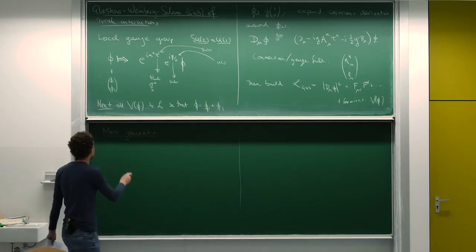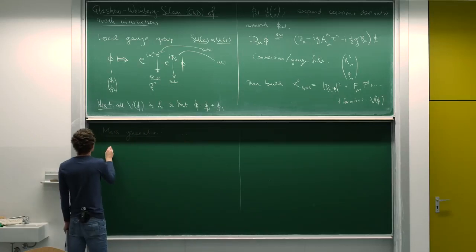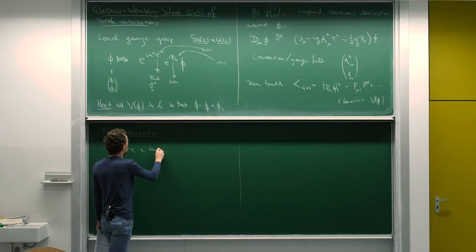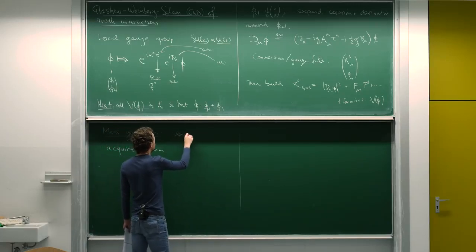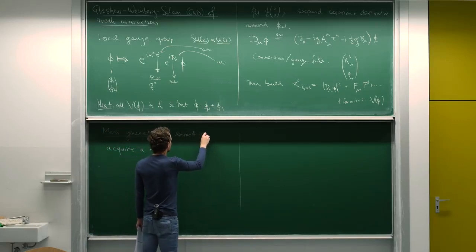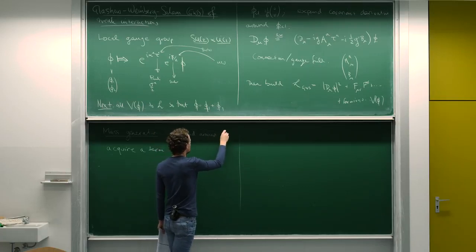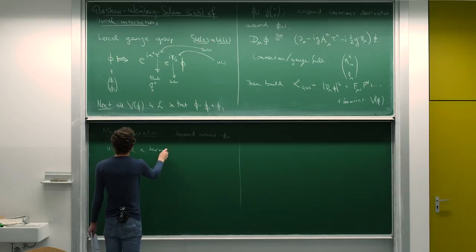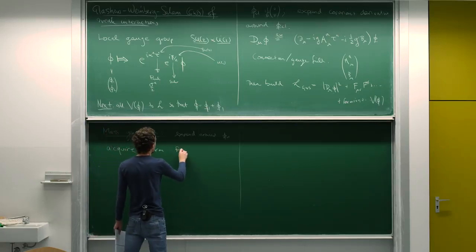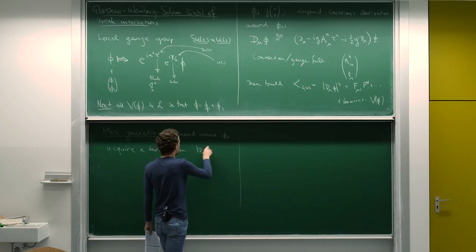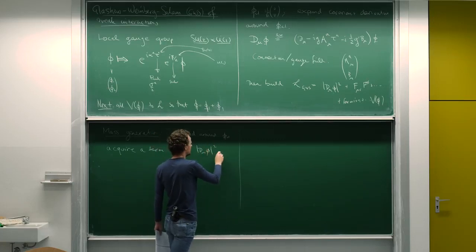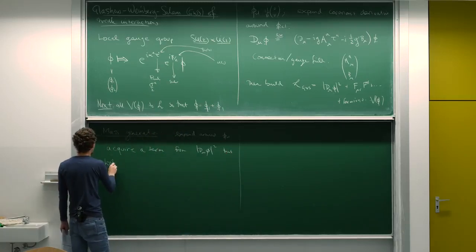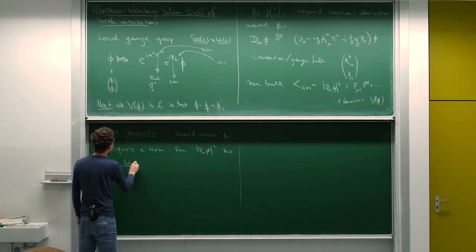So you go through all the steps and you expand around phi classical, and then you require a term from the covariant derivative, this kinetic energy term. What does it look like? Well, let's have a look.